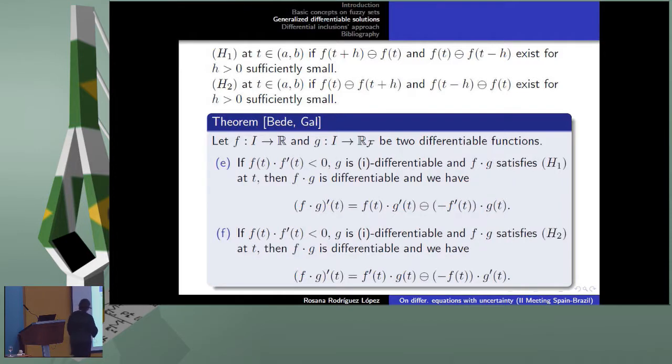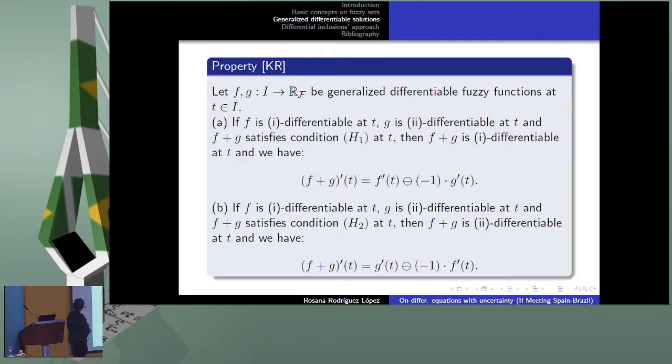We have extended some of these properties. For example, for the case of the sum, we can show you that if you have two strongly generalized differentiable fuzzy functions, and if you change the type of differentiability in the first and in the second, you need extra conditions in order to guarantee that the addition is going to be differentiable. It's not deduced straightforwardly.